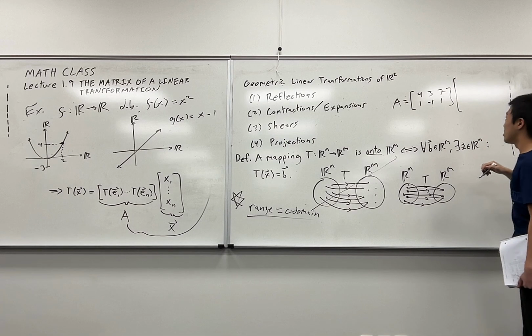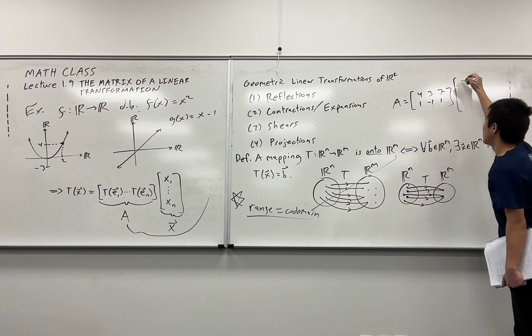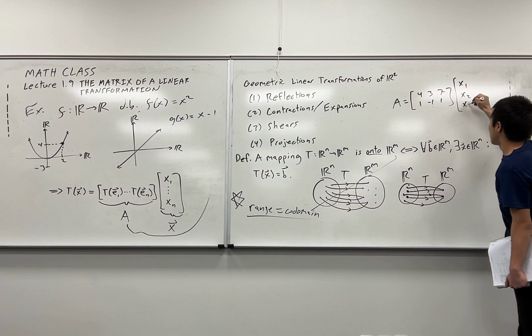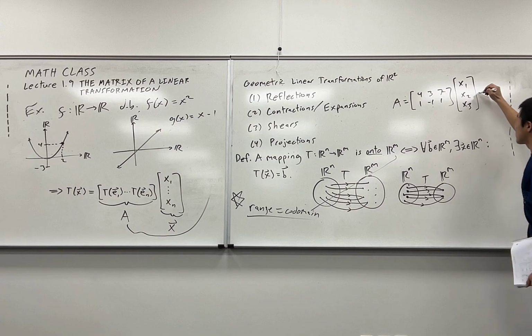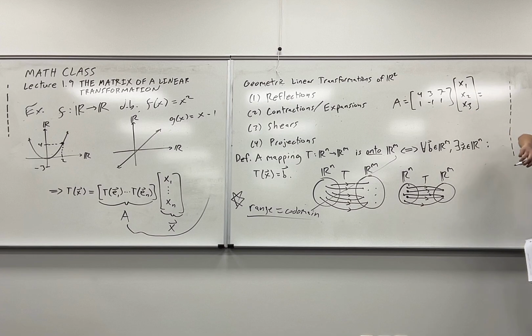How many? I need 3. And what type of output is it going to spit out? How many? 2. The same number as rows. So it's going to spit out some sort of vector y.